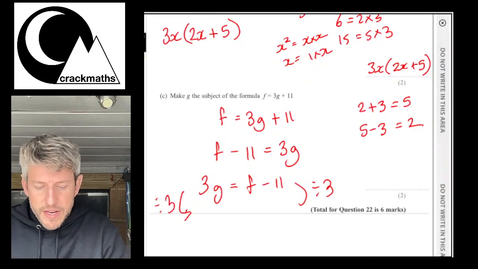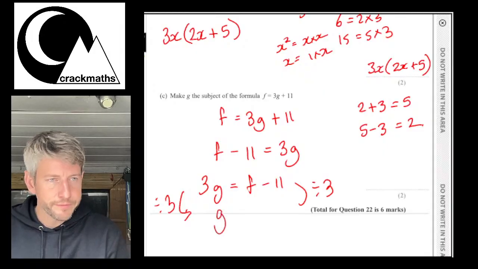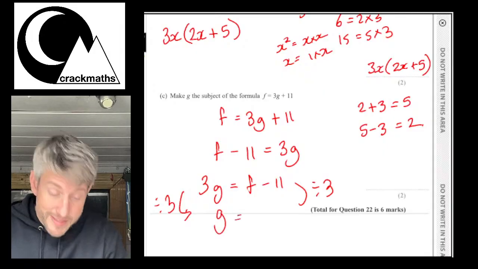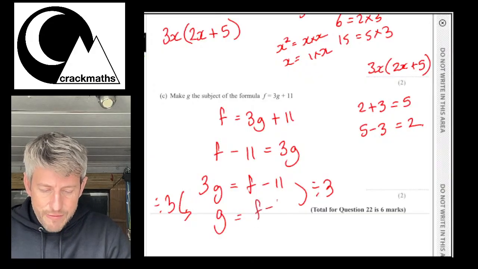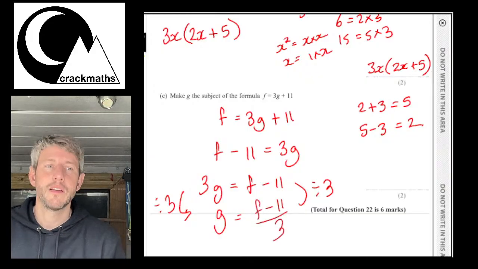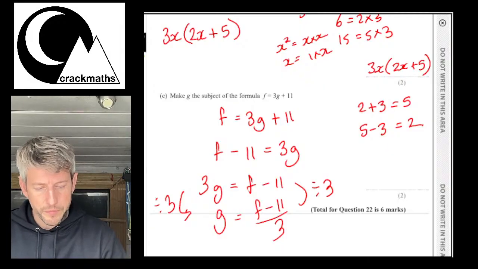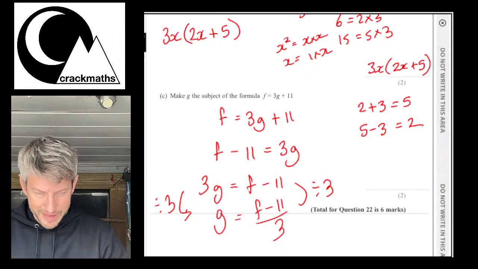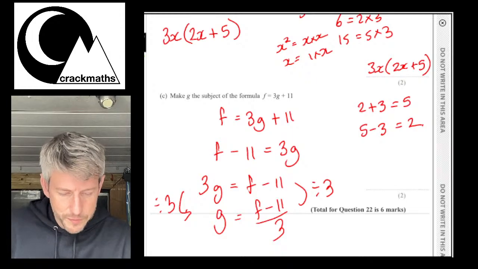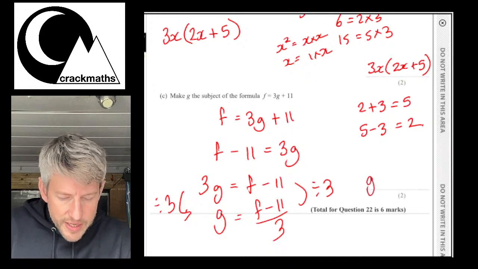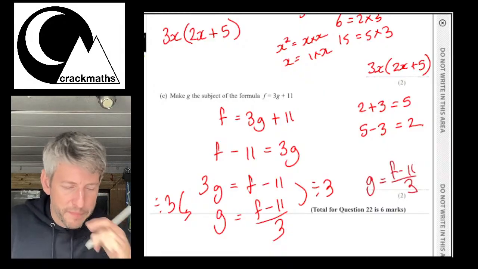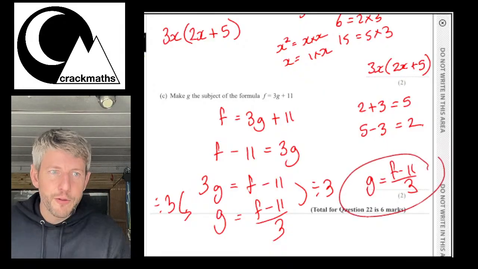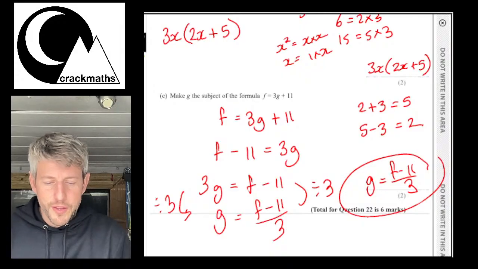So 3G divided by 3 is just G. F minus 11 divided by 3, well, that's quite tricky, so we just write it with F minus 11 at the top, and then over 3, which means divide by 3. So G equals F minus 11 divided by 3. Okay, great. Right, let's try the next one.